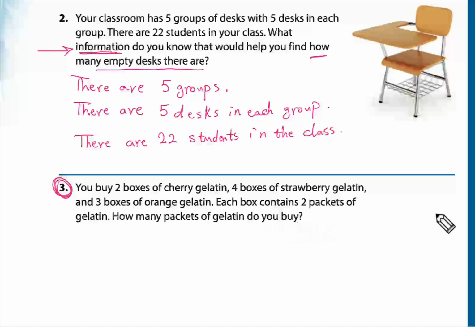Okay, let's find how to make a plan here. We start with what we know. We know that you buy 2 boxes of cherry gelatin, and 4 boxes of strawberry gelatin, and 3 boxes of orange gelatin. And you know also that each box contains 2 packets of gelatin.